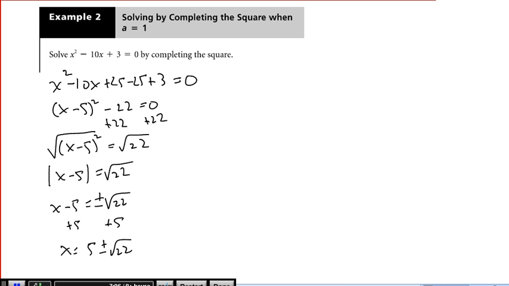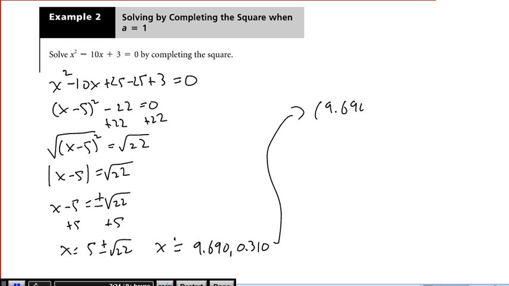To do our checks now, we'll see that x approximately equals 9.690 or 0.310. Okay, and let's do some decimal checks over here. And that gives me negative 0.0039.